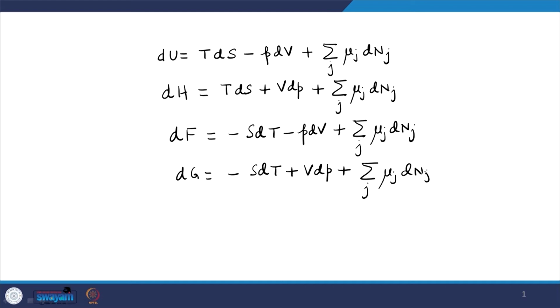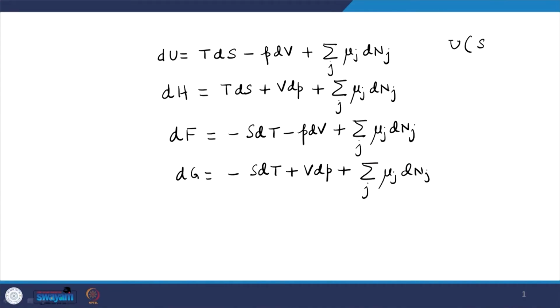If I am controlling entropy and volume, I will use the internal energy, and so on, right. So, that particular contribution coming from the addition of the molecule of species j, that remains the same in all these cases.